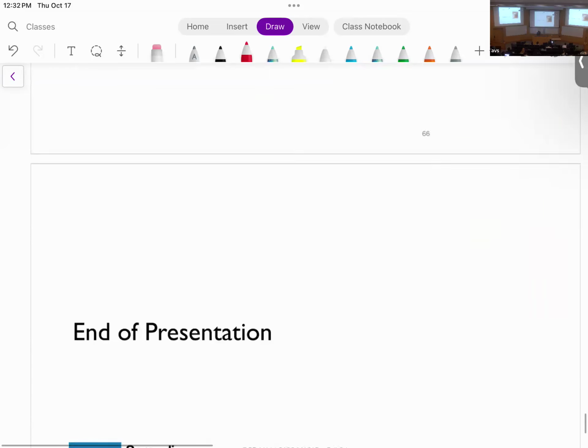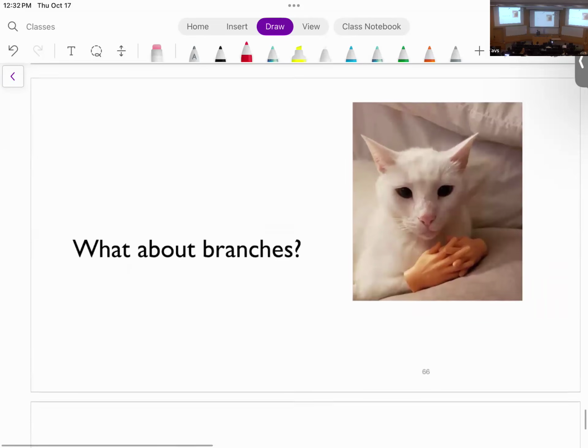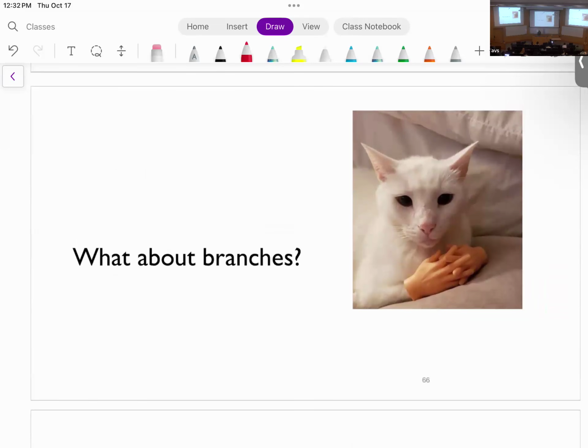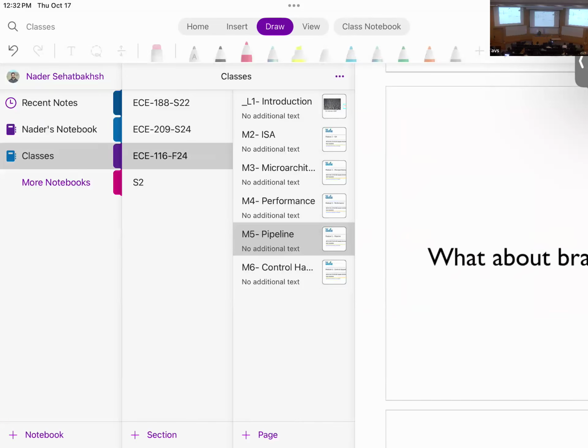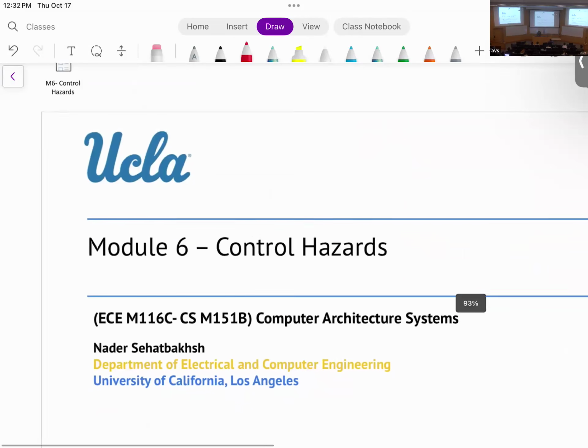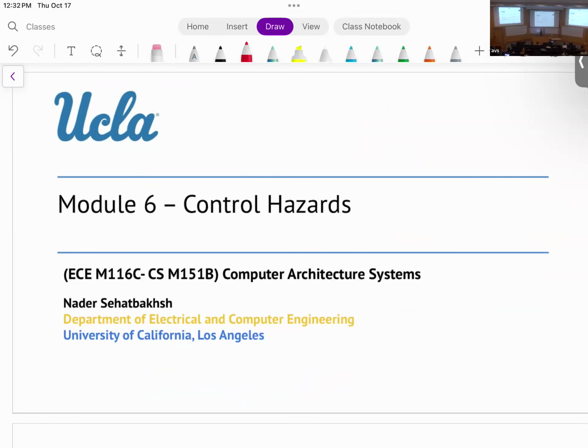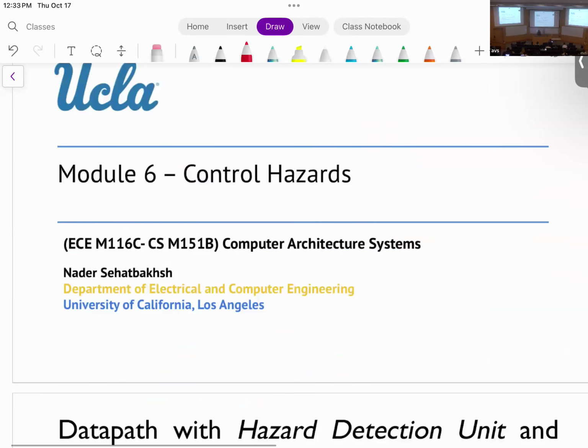This is what we call control flow hazards, which is what we're going to talk about in your 6th module. So we're going to focus on control hazards for the rest of this lecture.